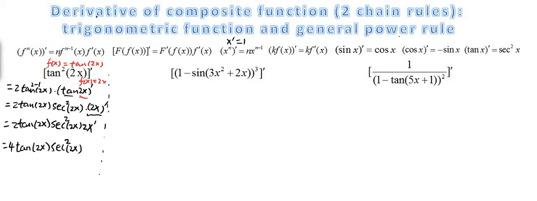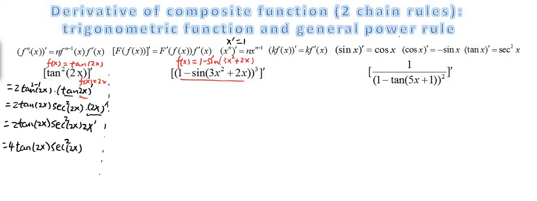Okay, now let's take a look at the second example. For the second example, we can easily tell what is f(x). f(x) is this guy. So we can write down f(x) equals 1 minus sine 3x squared plus 2x.